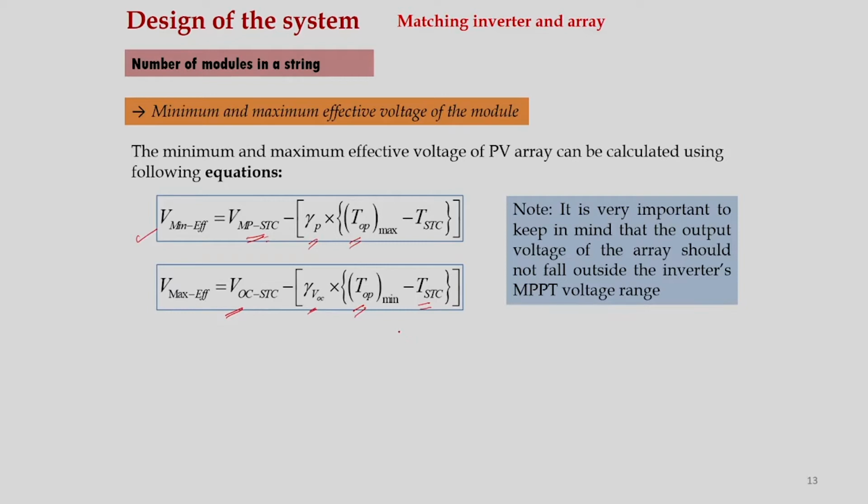It is very important to keep in mind that the output voltage of the array should not fall outside the inverter's MPPT voltage range. This is one of the important design observations.